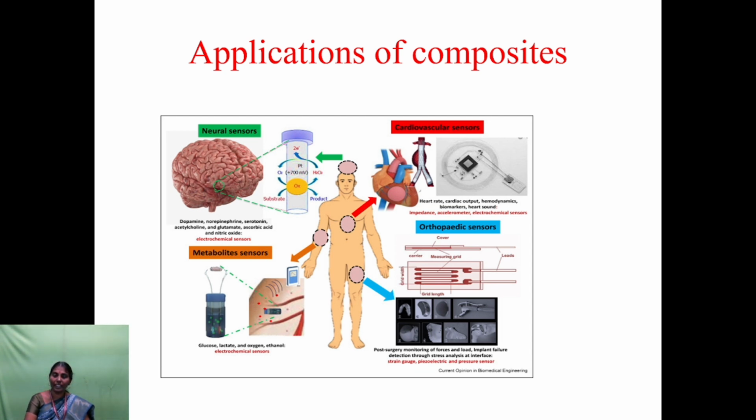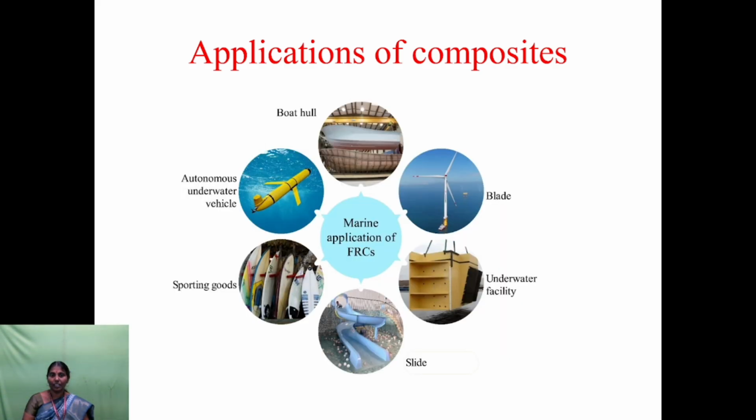Smartwatches also use composite materials, and the sensors are not affected by our human body, but give details about our heartbeat and our body temperature. So these are the purposes for which we can use composite materials.